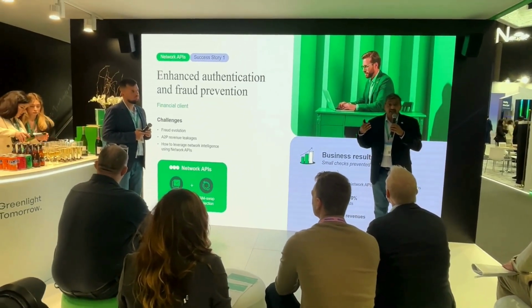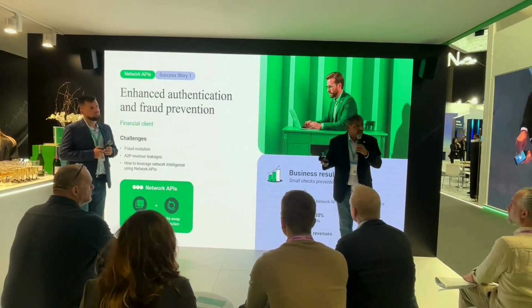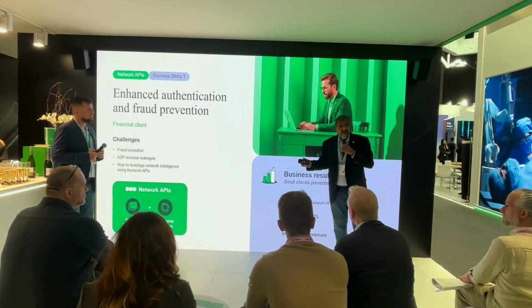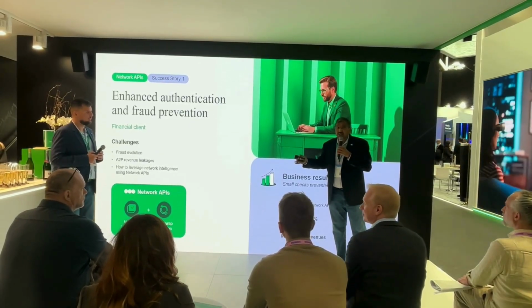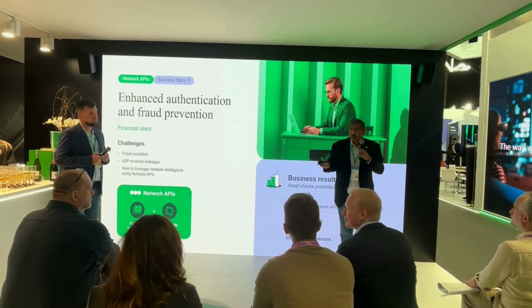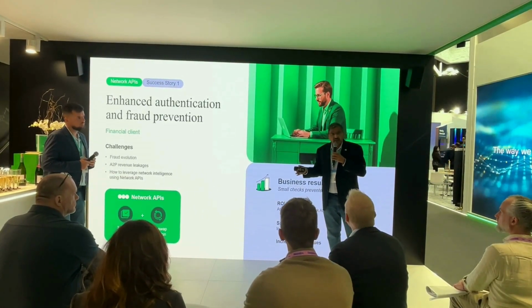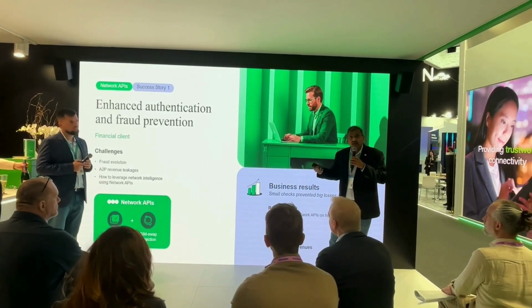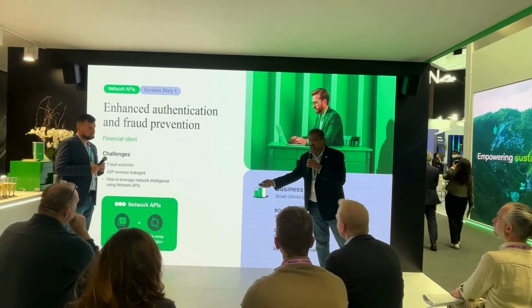And this is a great way for operators to monetize their network infrastructure and the costs that they put in. And for enterprises, it's a financial use case, but it can be applied to other use cases as well to reduce the fraud. So this is just the fraud API, one of the many APIs. And I wanted to give it to Evgen to talk about other API monetization that he will share with you.